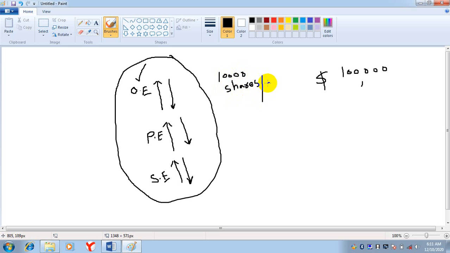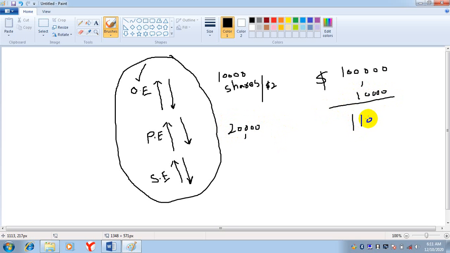So 10,000 multiplied by 2: the company received an additional $20,000 capital from shareholders. This 20,000 will be added to the capital, so there will be an increase in capital.